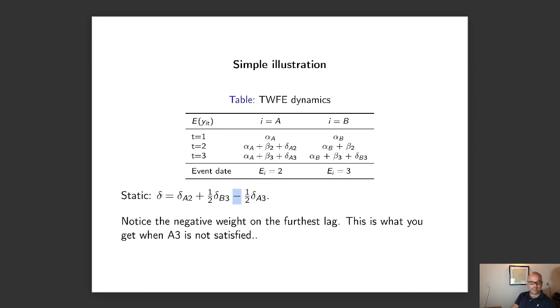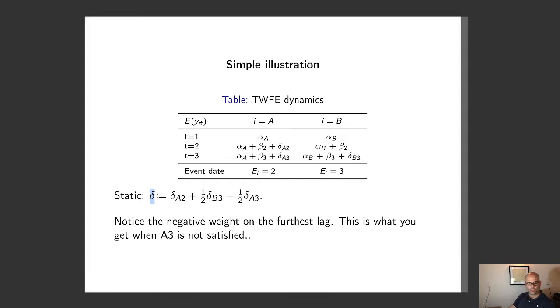And what that means is you're going to get this negative weighting, and it's going to have this attenuation bias. In a way, this is like what Andrew Goodman-Bacon found. Although here I don't think it's as clearly related to heterogeneity.